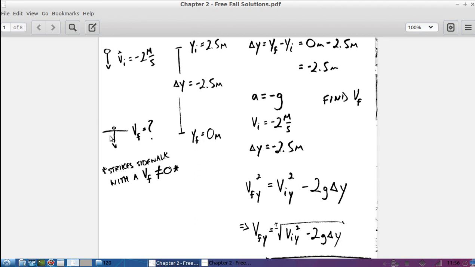Whether you pick this to be 0 or you pick some height to be 0, you'll always get a negative displacement in this type of problem, because y final is 0 meters, y initial is 2.5 meters. You get a negative displacement. So that makes sense. An object is falling, right? It's traveling in the negative y direction. It's falling towards the surface of the earth, so its displacement is negative.